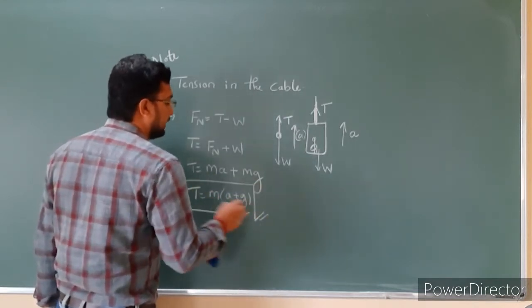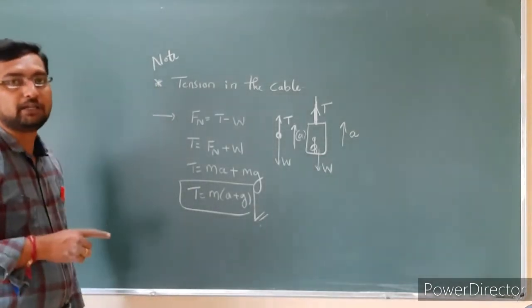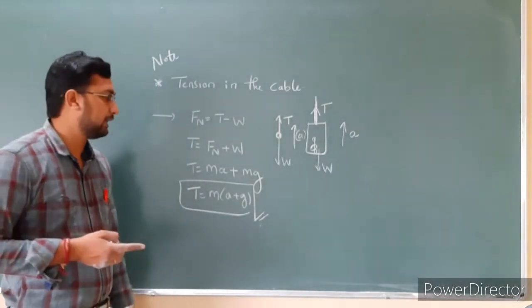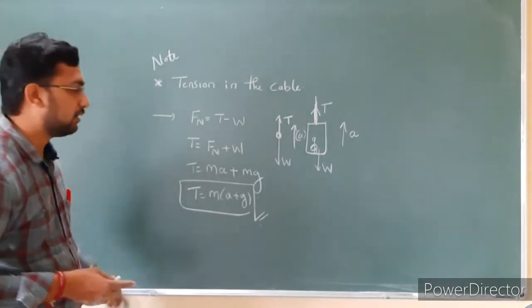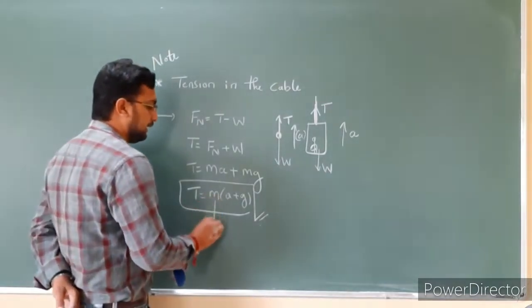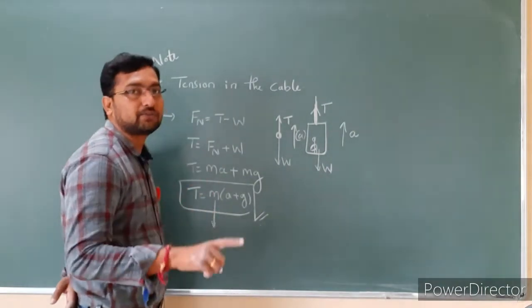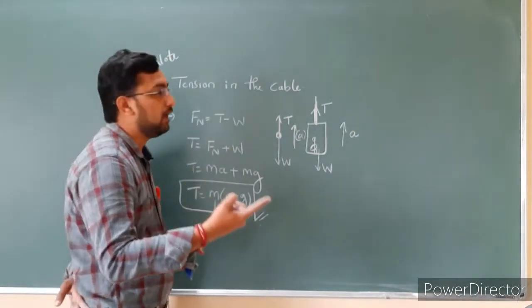See here, the tension developed in the cable when the lift is moving in upward direction is m bracket of a plus g. So here m is nothing but the mass of the lift plus mass of the person.